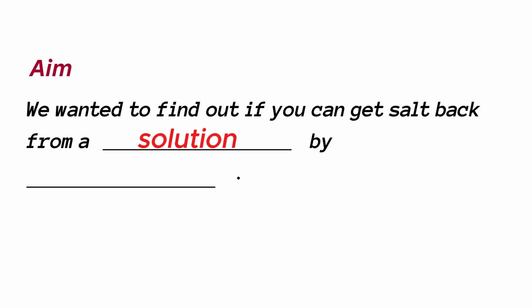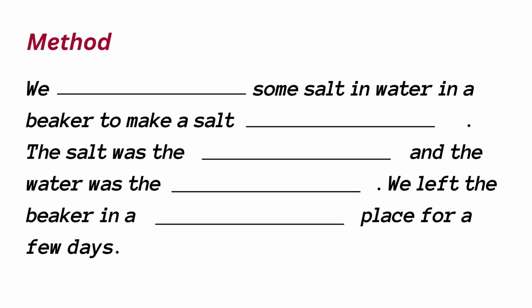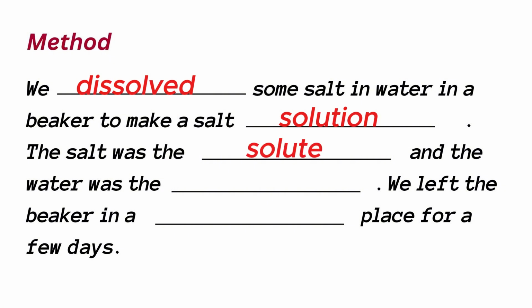solution by evaporation. Method. We dissolved some salt in water in a beaker to make a salt solution. The salt was the solute and the water was the solvent. We left the beaker in a warm place for a few days.